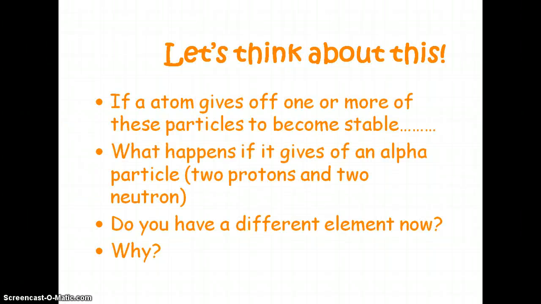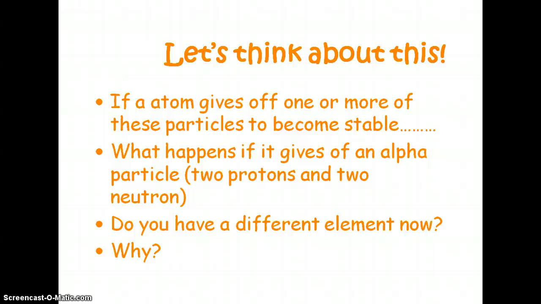All right, so let's think about this. If an atom gives off one or more of these particles to become stable, well, what happens if it gives off an alpha particle? An alpha particle is 2 protons and 2 neutrons. Is it going to be a different element now? Well, yes, it's going to be a different element. If you change the number of protons, you've changed the element.